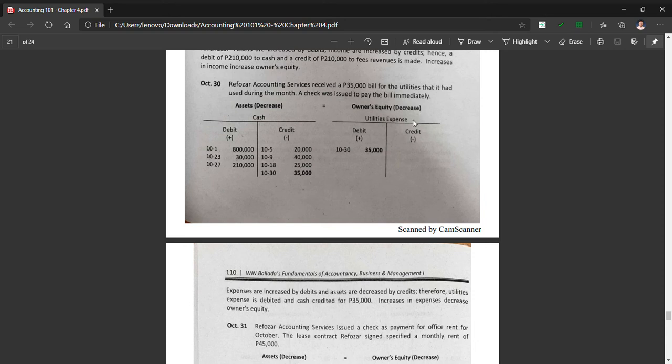So utilities expense. So dahil lumaki ang expense natin, lumaki ang gastos natin, we need to debit it. Kasi nga expense siya, paliliitin niya ang owner's equity, thus kabaliktaran niya ang owner's equity, so debit siya. So utilities expense, we debited 35,000. So once again, under this transaction, we debited utilities expense 35,000 and we credited cash for 35,000.